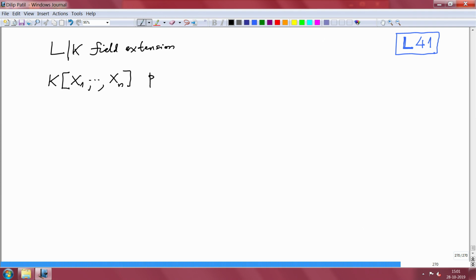So this is a polynomial algebra over k in n indeterminates x1 to xn.